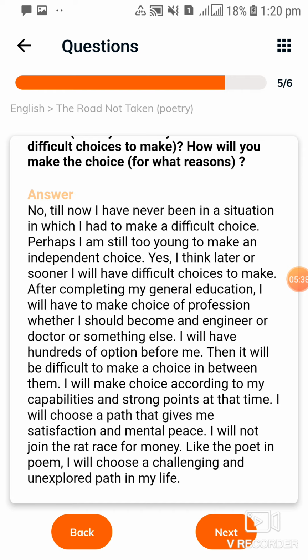I'll make the choice according to my capabilities and strong points at that time. I'll choose a path that gives me satisfaction and mental peace. I'll not join the rat race for money. Like the poet in this poem, I'll choose a challenging and unexplored path in life.